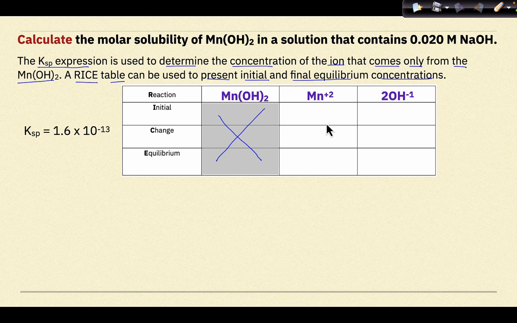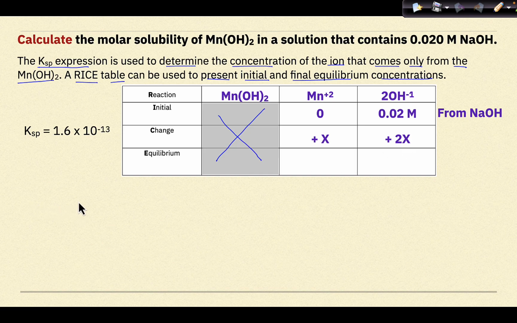Initially, we have no Mn2+ ions in solution, and the amount of hydroxide ions in solution is due to the hydroxide ions from the sodium hydroxide, which has a value of 0.02 molar. Our change is going to be represented as plus X, which is the amount of Mn2+ ions that will be in solution, and 2X, which represents the amount of hydroxide ions from the Mn(OH)2.